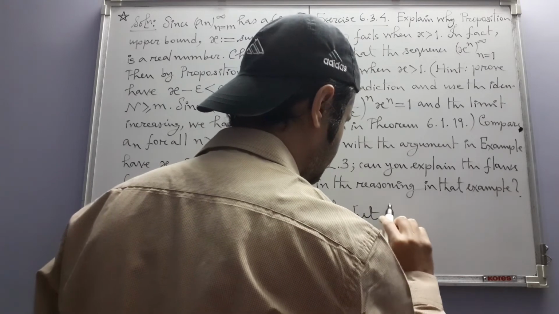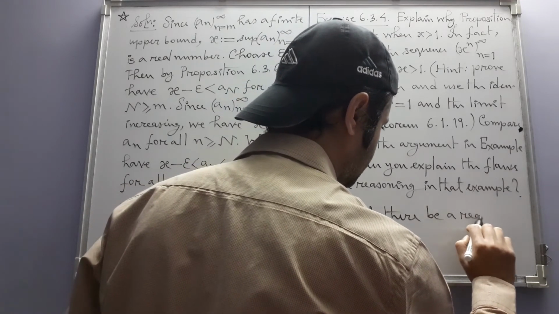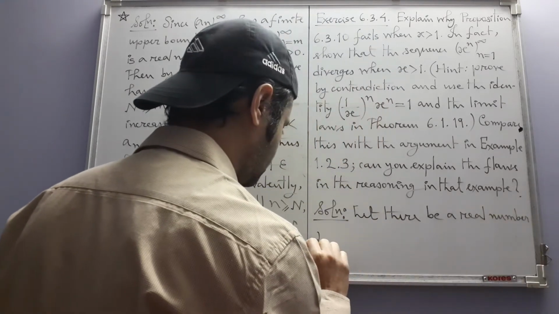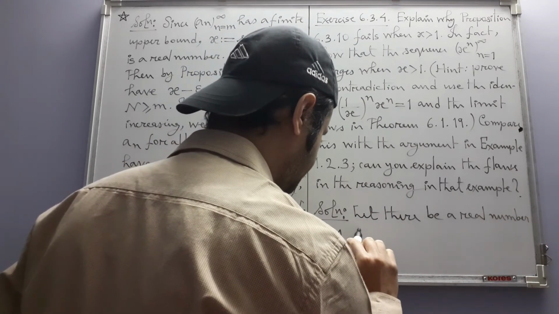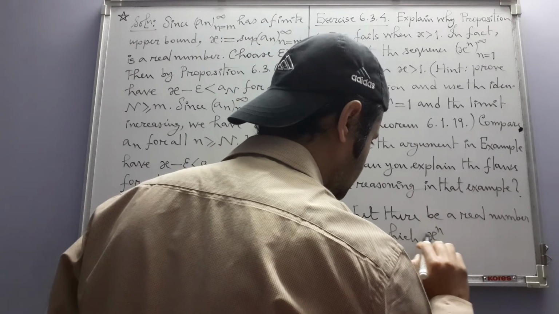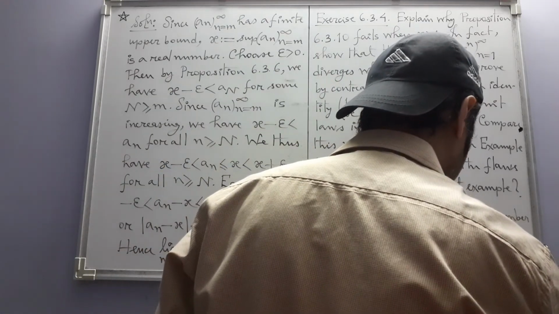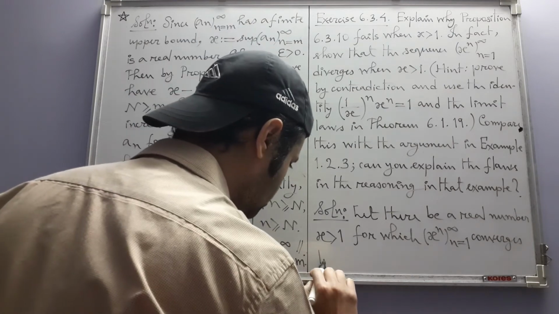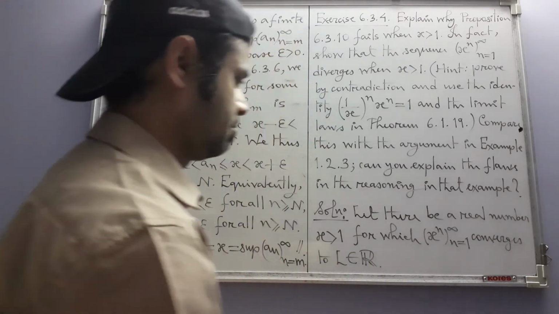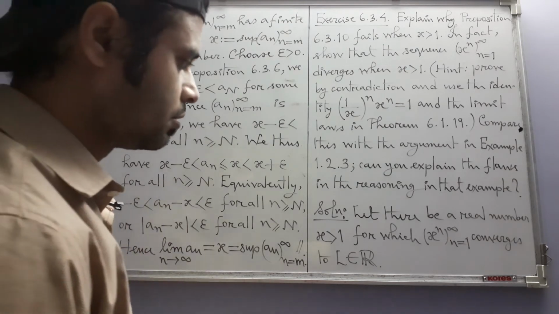Let there be a real number x greater than 1 for which the sequence x to the power n converges to some real number L. Okay, so this is our supposition, and we are now going to show that this leads to a problem.